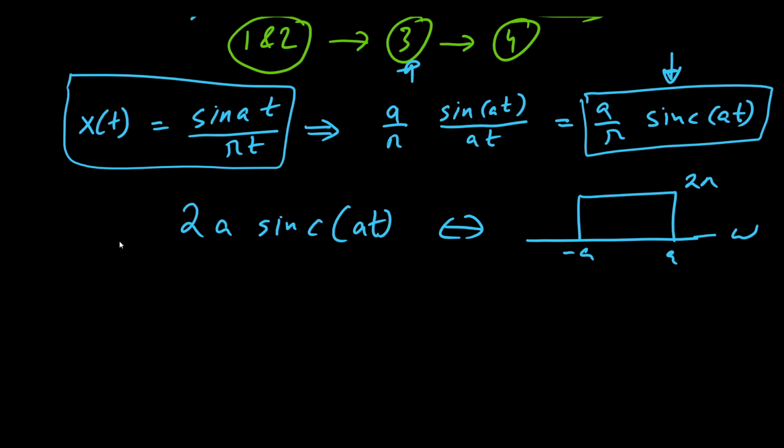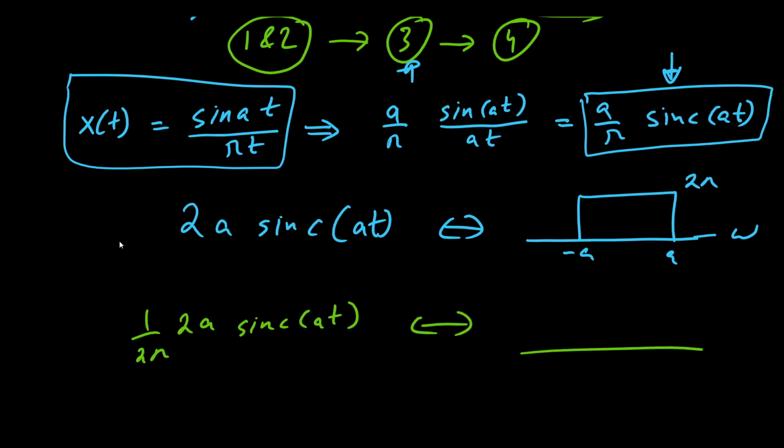Doing that, we have 1 over 2 pi times 2a sinc function of at, and from linearity we have the same function, but now this 2 pi would be multiplied by 1 over 2 pi, from minus a to a, and this is omega.